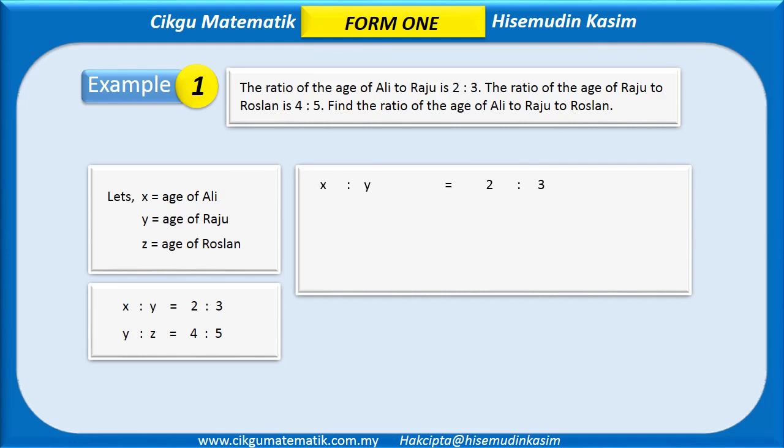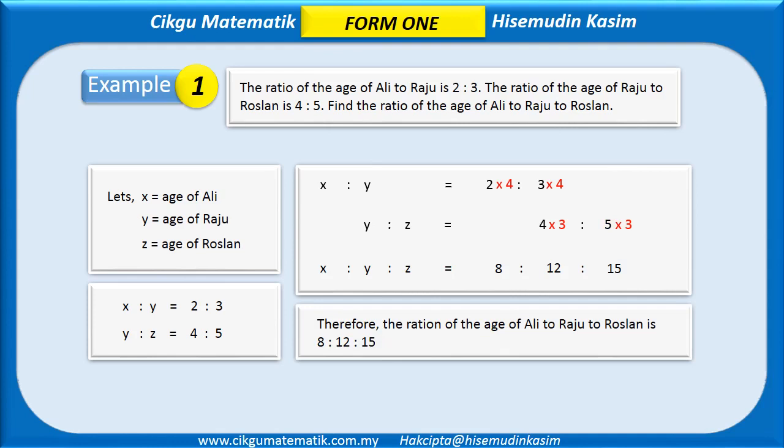The ratio of X to Y equals 2 to 3. The ratio of Y to Z equals 4 to 5. 3 times 4, 4 times 3 equals 12. 2 times 4 equals 8. 5 times 3 equals 15.